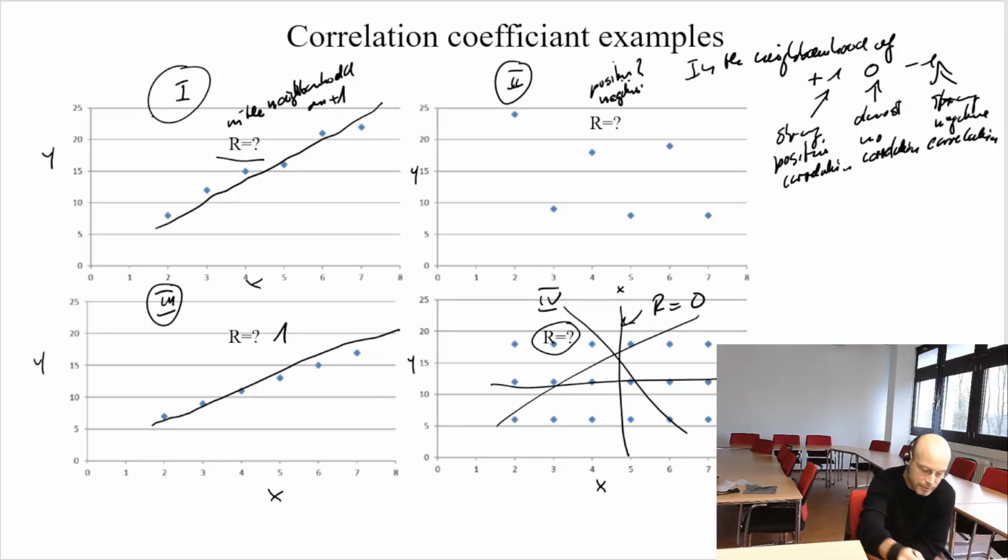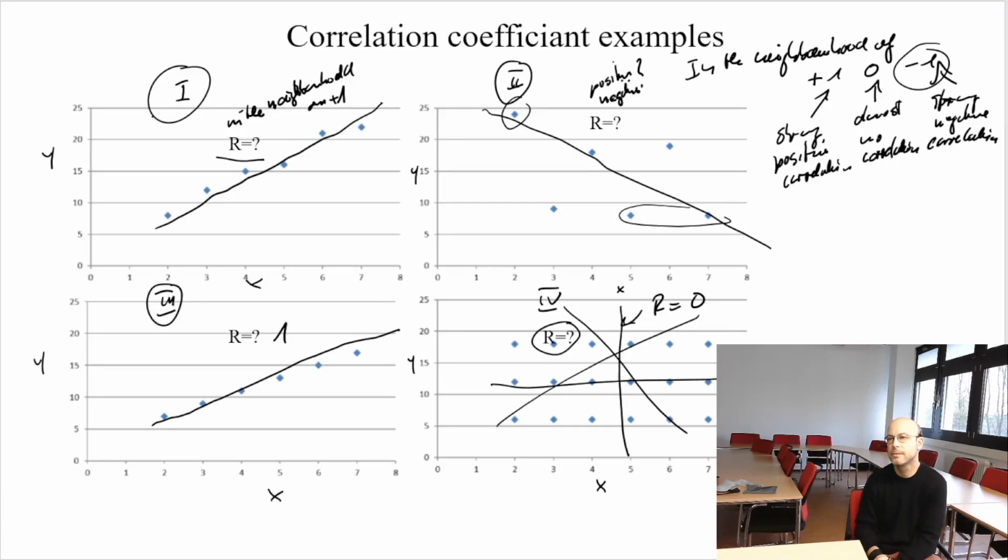Well, I would think, since we have these points here and many points down there, that more or less the regression line will be something like this. So we will be here in this case. But of course, the distances of our data points are quite far away from this regression line.